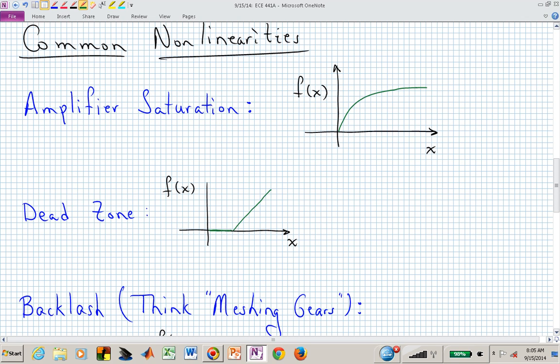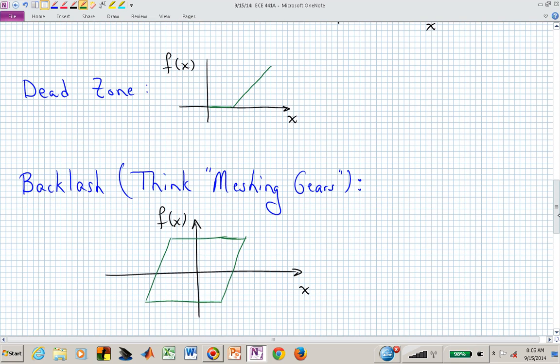You might have a dead zone nonlinearity, which might be, it may take you a certain amount of voltage to get something moving or started. That's another nonlinearity. And I'm really going through this quickly, but I just want you to understand that there are nonlinearities, and then we'll figure out how to deal with those, and we'll slow down and work through that process.